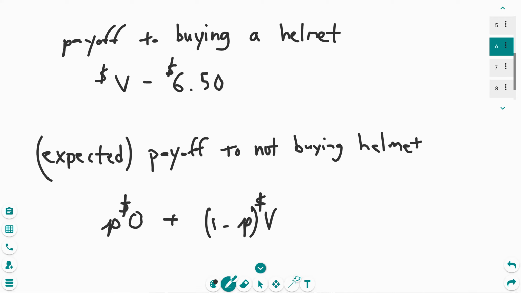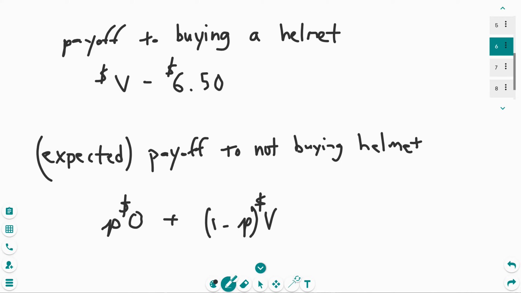And you can think of that like if it was the case that the payoff to buying a helmet was vastly greater than the expected payoff to not buying a helmet, then helmet vendors would be able to increase the price of helmets and not decrease at all their sales. People would still be willing to pay much larger amounts for a helmet if it was actually the case that the payoff to buying the helmet was vastly larger than the expected payoff to not buying the helmet. That's kind of the key trick that we're using in this solution procedure here.